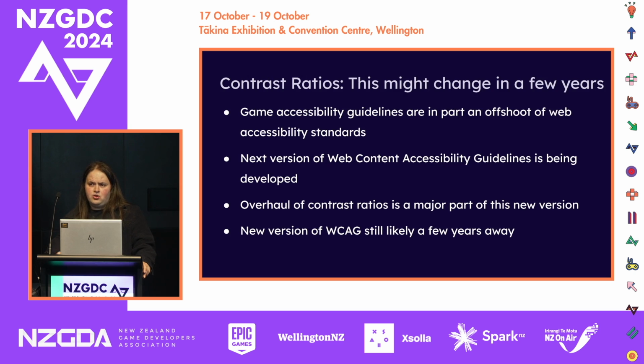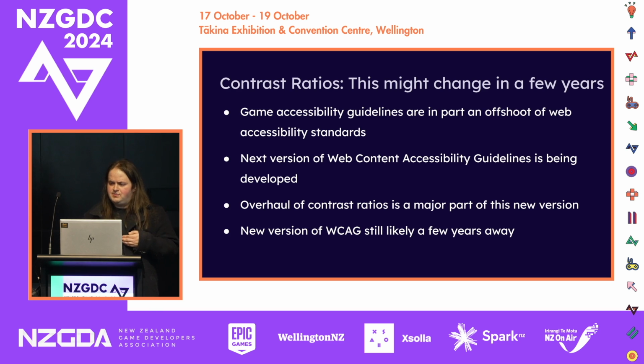One thing to note about contrast ratios is that they're an area that is likely to change in the next few years. And this is because game accessibility best practices are pretty heavily informed by what's going on in web. And the biggest web accessibility guidelines, the Web Content Accessibility Guidelines, I'm going to say guidelines a lot in this talk, has a new version in development now.